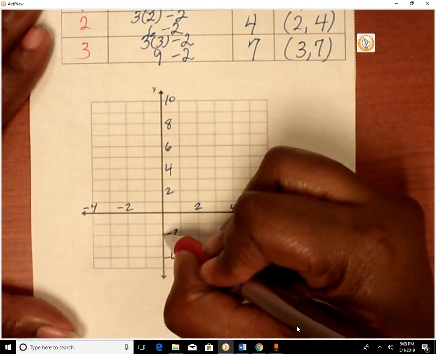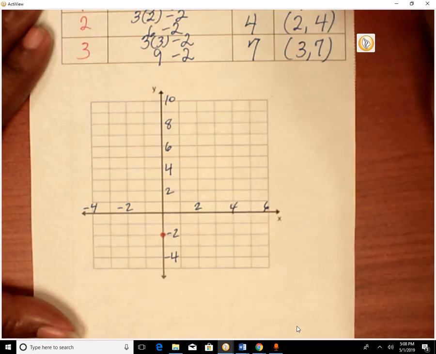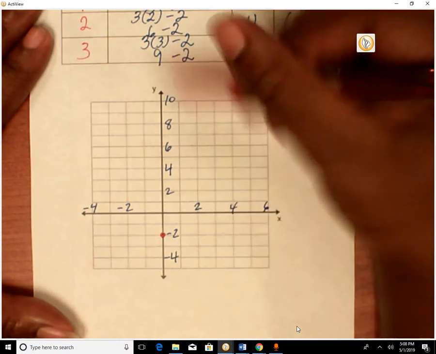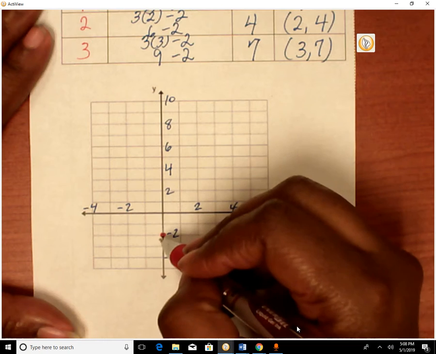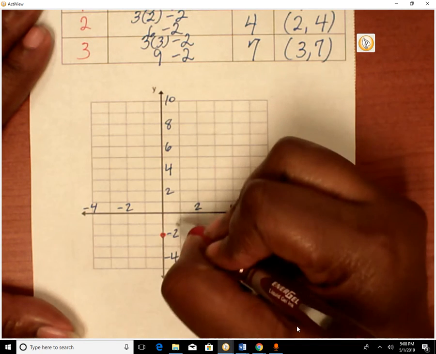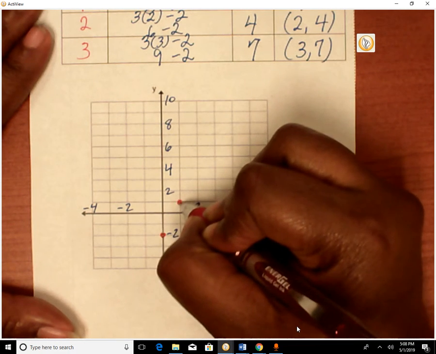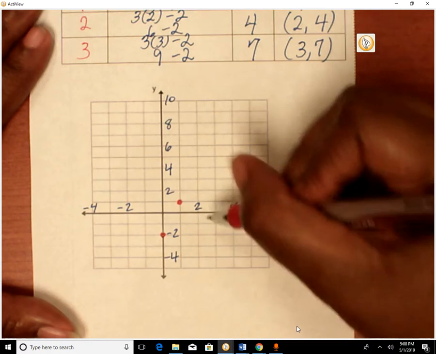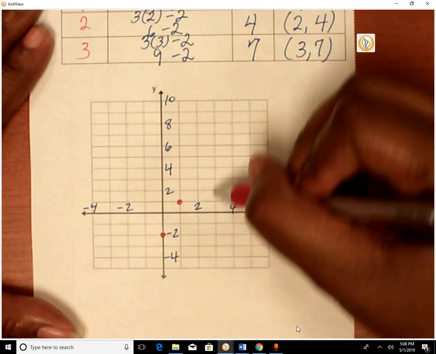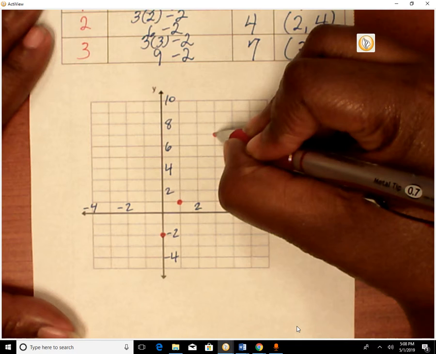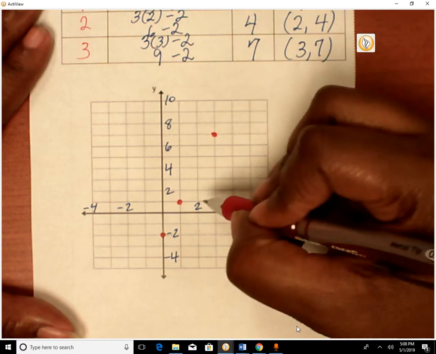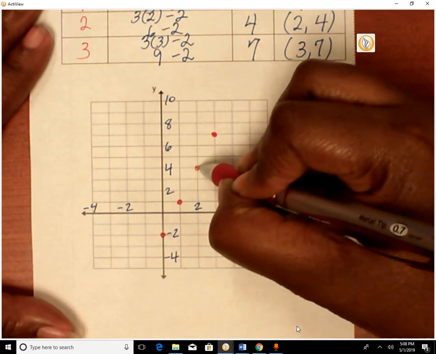The very first one is 0, negative 2. Remember, that's the y-intercept. So it has to land on y at some point, and it lands right there, negative 2. And then we have 1, 1. And then we're going to go 3, and then all the way up to 7. Oops, I skipped 1, and then we're going to go 2 to 4.